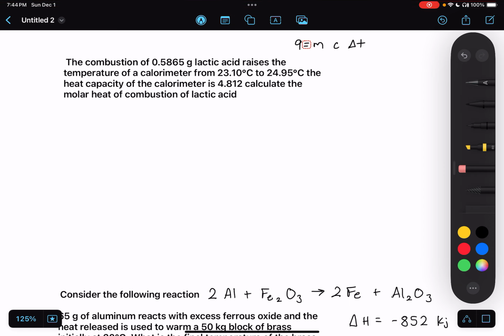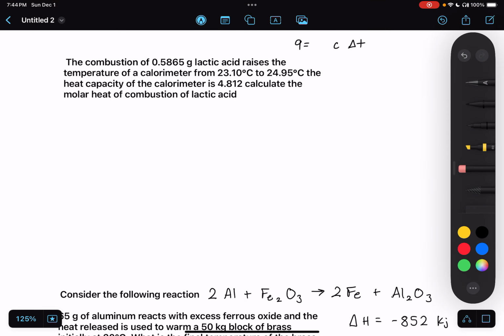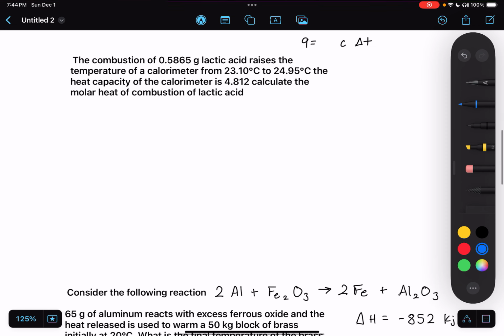In this case, we don't have mass, but we got moles, so we're just going to get rid of the mass. And then we're going to be able to use heat capacity times delta temperature to get the heat, just like that. So we're going to use 4.812.